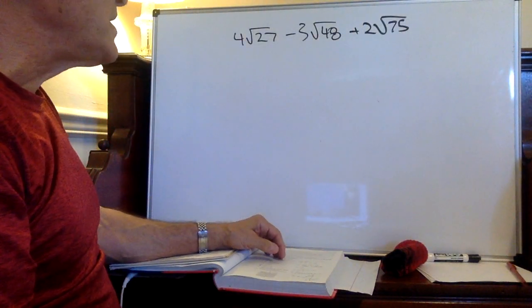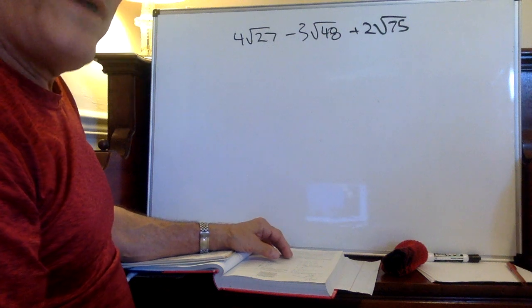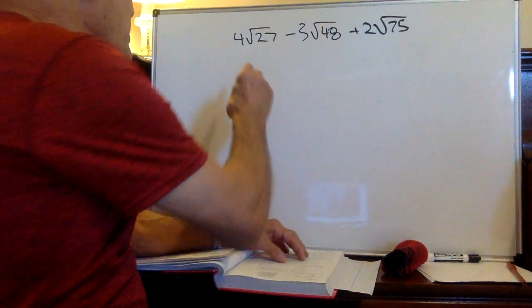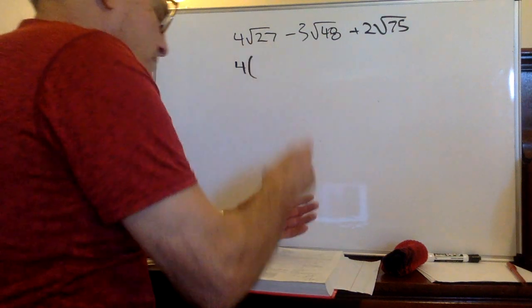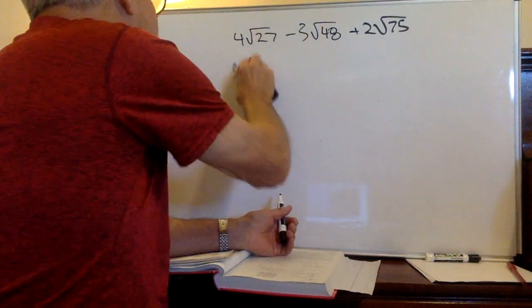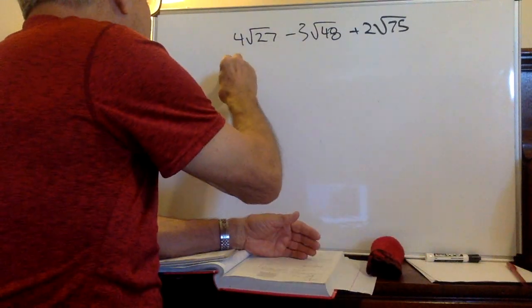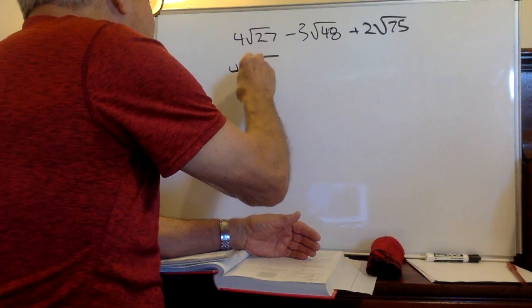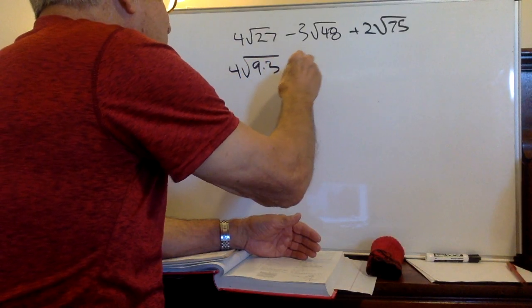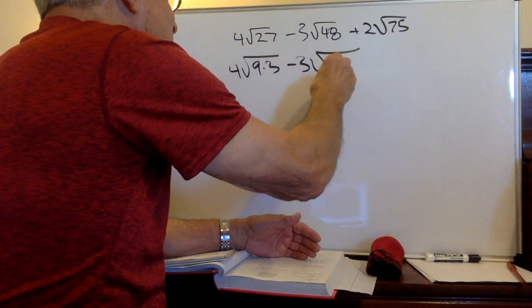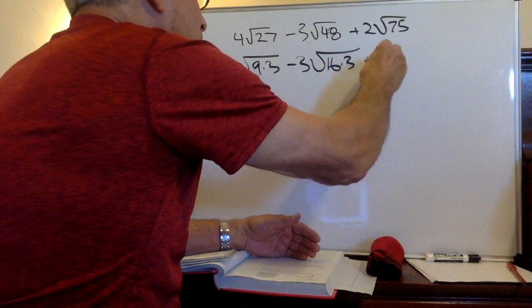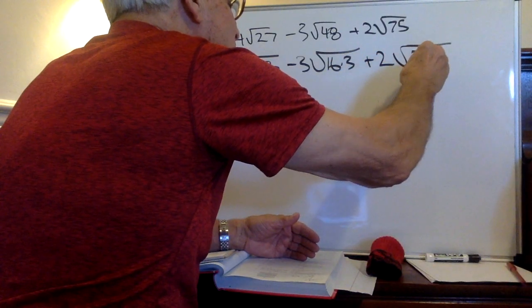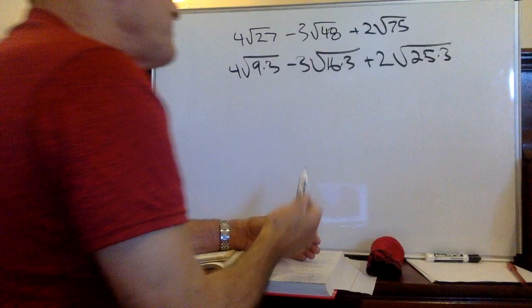And in all three of these radicals, there are factors under the radical that are perfect squares. This is 4 times the square root of 9 times 3 minus 3 times the square root of 16 times 3 plus 2 times the square root of 25 times 3.